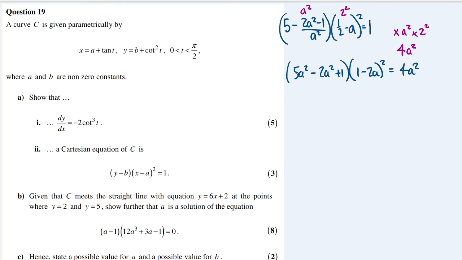5a squared minus 2a squared is 3a squared. So let's just tidy that up. Okay, multiplying out this, first off I will do the square bracket there, so I'm going to get 1 minus 4a plus 4a squared.